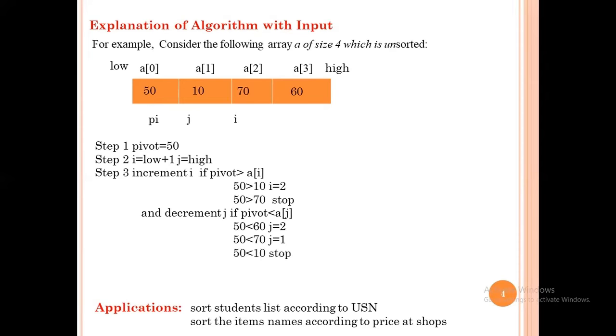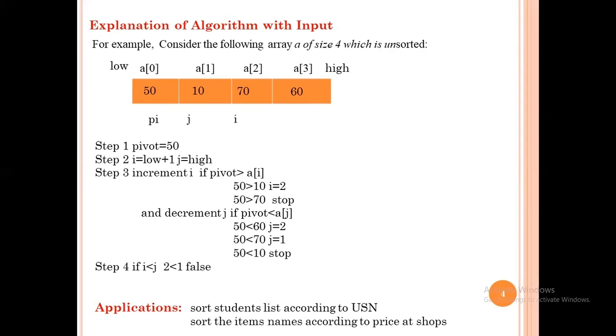Next, once again take pivot element, compare with A of j. Here 50 is less than 10. The condition is false. So stop the process. Next, step 4. If i less than j, here i value is 2, j value is 1, 2 less than 1, condition false.